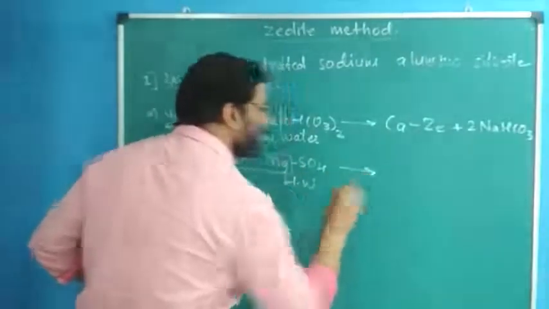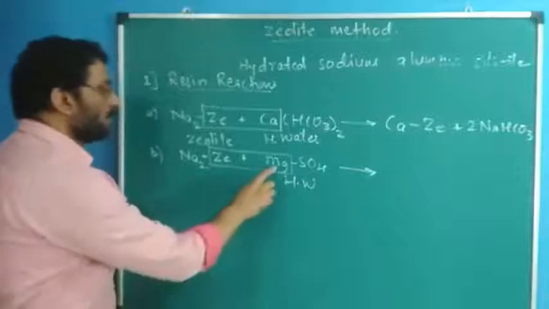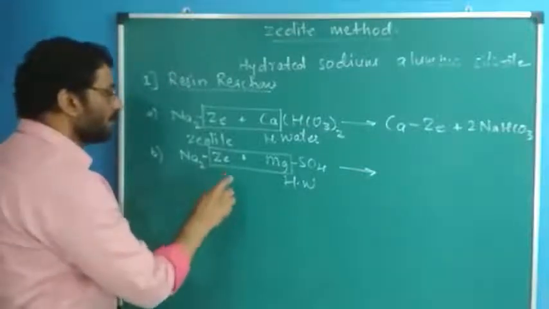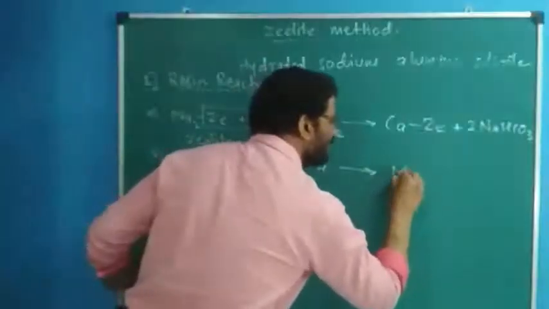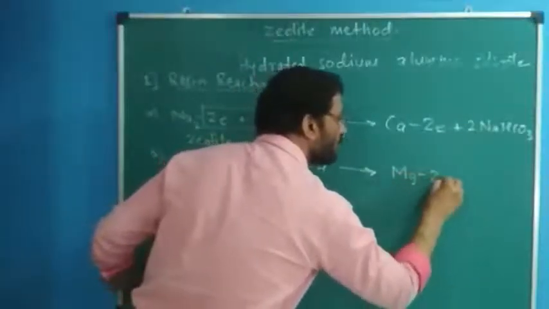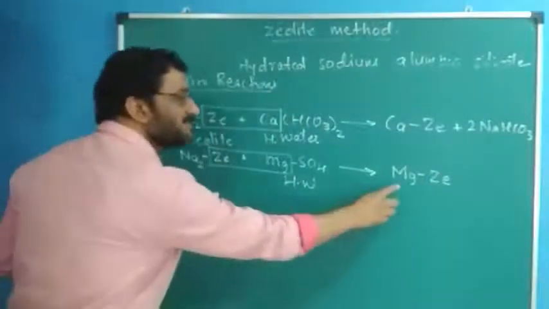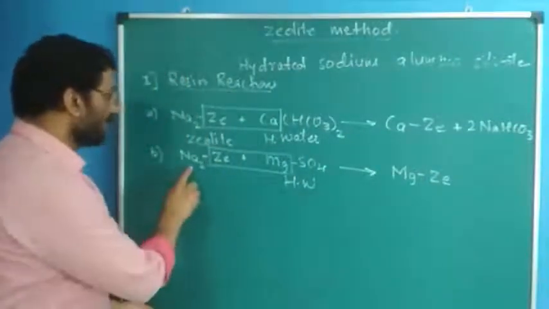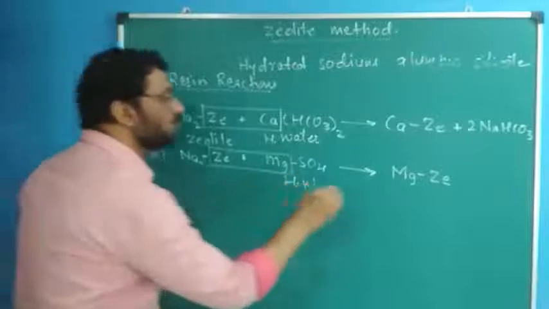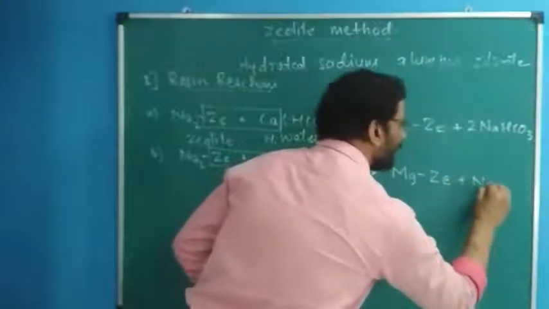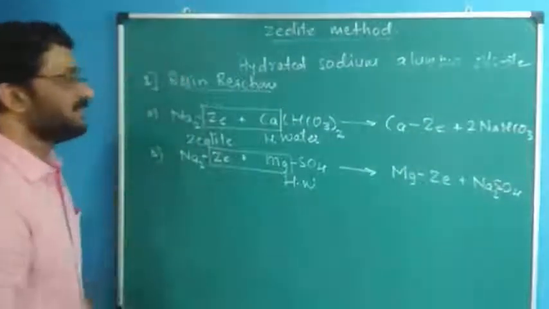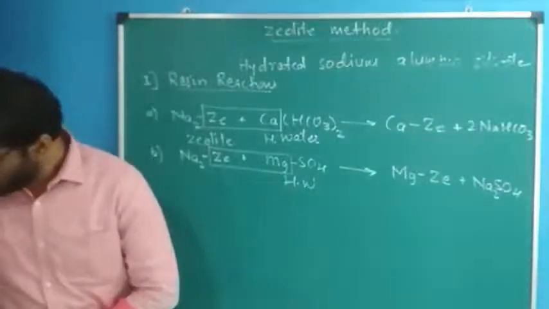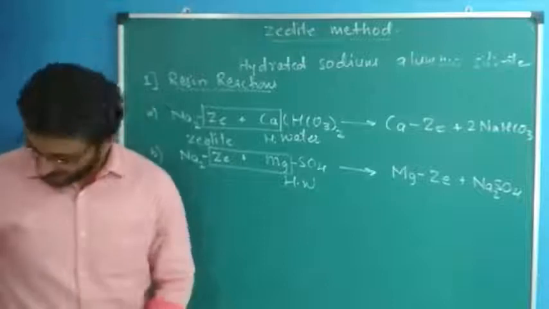Simple. Hardly any practice is required. What will I get? I will get MgZd. Simply the position of sodium in the zeolite is taken by magnesium, plus sodium salt, Na2SO4. Simple. These are the softening reactions.